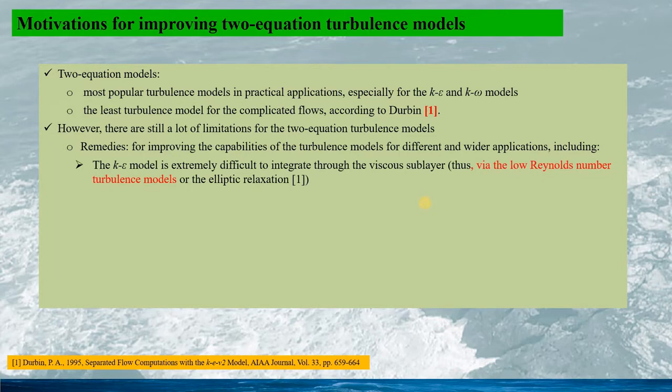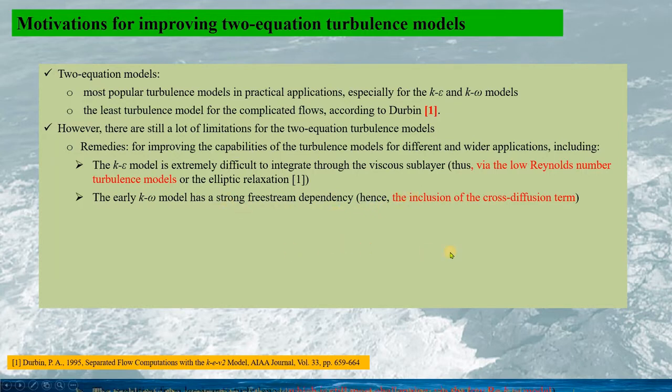model is extremely difficult to integrate through the viscous sublayer. Thus, the low Reynolds number turbulence models or the elliptic relaxation would be used. The earlier K-omega model has a strong free stream dependency. Hence, the inclusion of the cross diffusion term would be important.